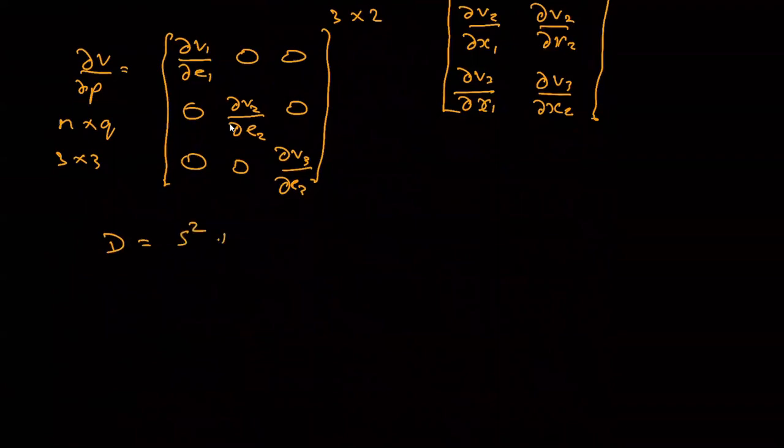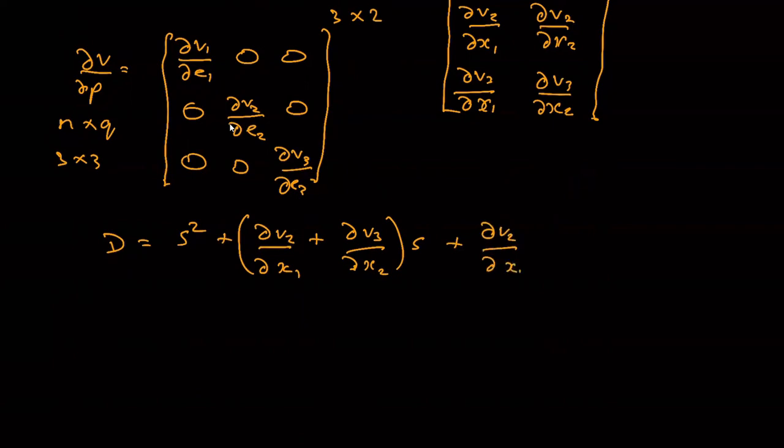It was s squared plus, what was it, dv2 dx2 plus dv3 dx2, times s, plus dv1 dx1, oops, that should be a dv1. Sorry. Let's do that again: dv1 dx1 times dv2 dx2. So that's what the characteristic equation looks like.